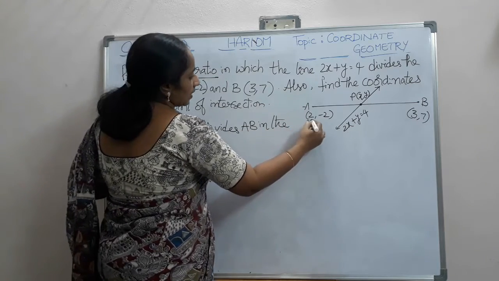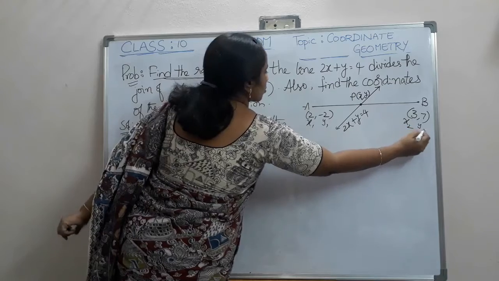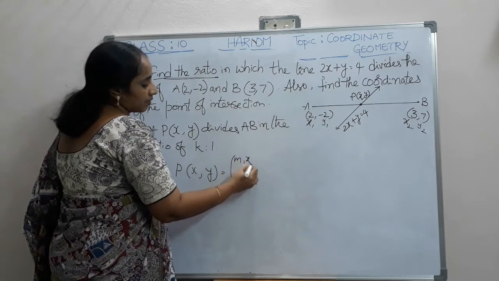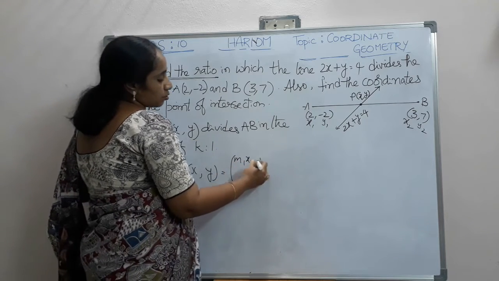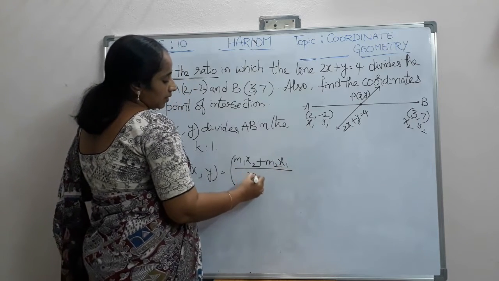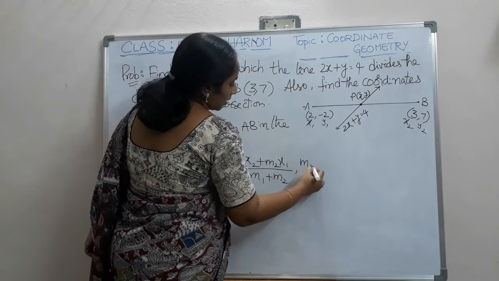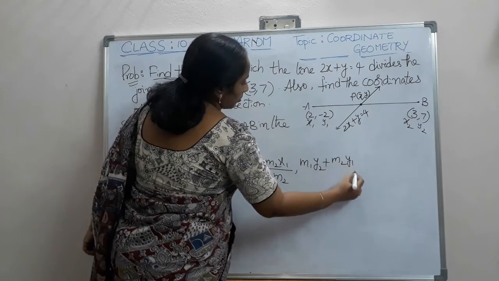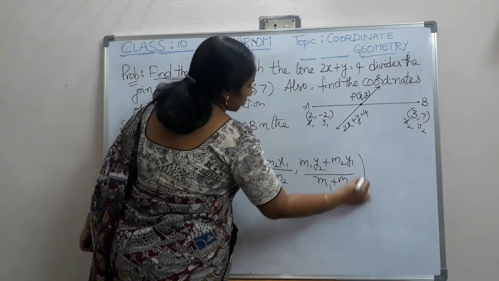A is (x1, y1) and B is (x2, y2). The point of division formula is (m1 x2 plus m2 x1) by (m1 plus m2), and (m1 y2 plus m2 y1) by (m1 plus m2).